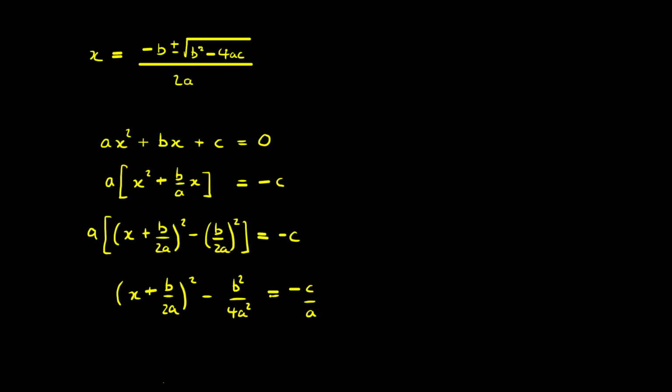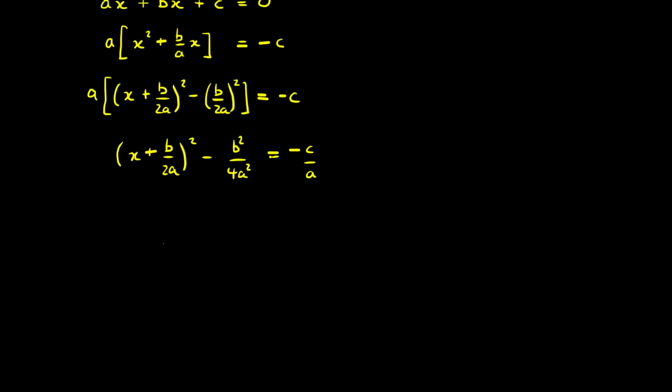Remember I want to solve to find x, and now I'm going to move this b squared term to the right hand side. So I get on the left hand side x plus b upon 2a all squared is equal to b squared over 4a squared minus c upon a.